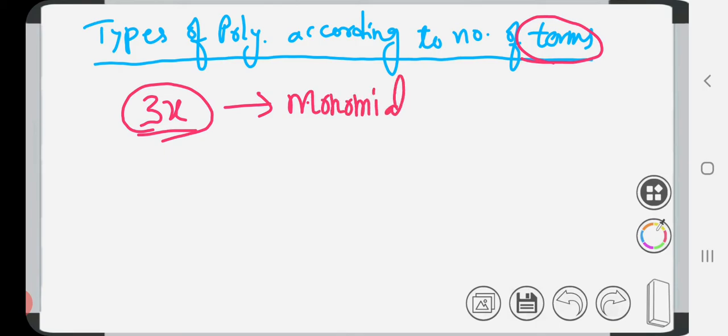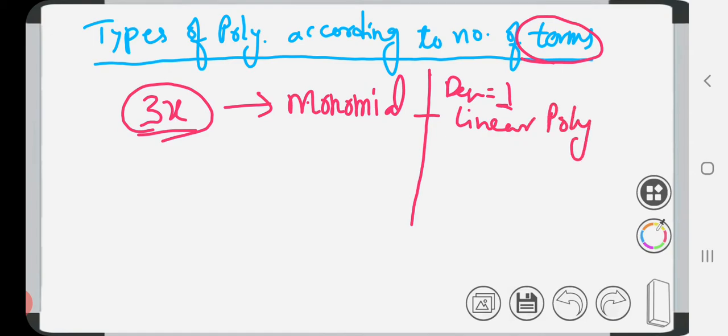The degree of this polynomial is 1, and when the degree is 1, this is called a linear polynomial. Based on the number of terms, it has only one term, so it is monomial. And the degree is 1, so it is a linear polynomial.